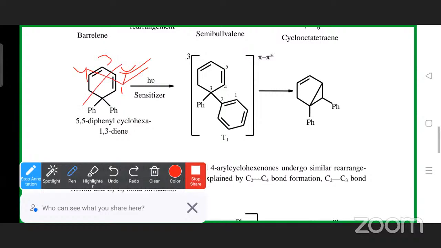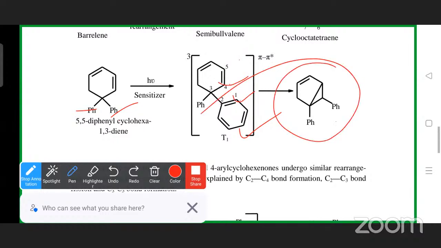There are two phenyl groups, no? So you expand one of the phenyl groups, written like this. Then it becomes 1, 2, 3, 4, 5, so we get the 1,4-diene. Now it undergoes the Zimmermann rearrangement, and we are getting this bicyclic phenyl derivative.